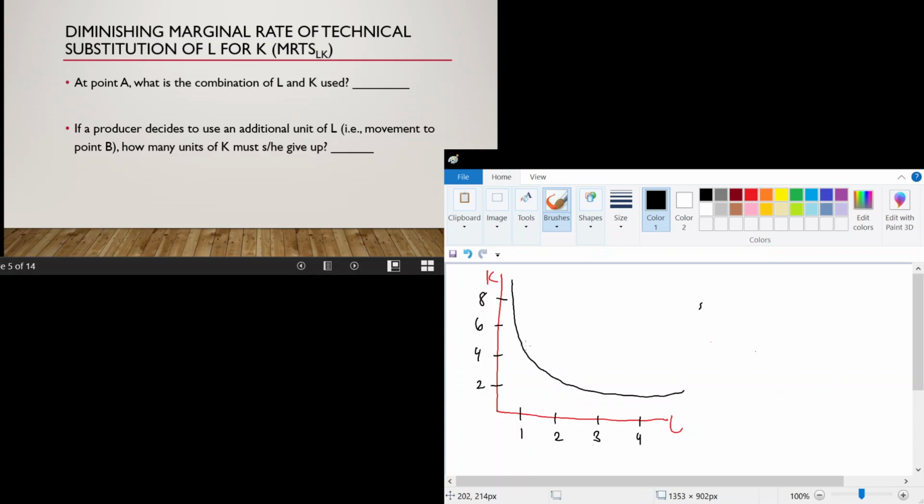Okay? And then we have point A, and then point B, and point C.